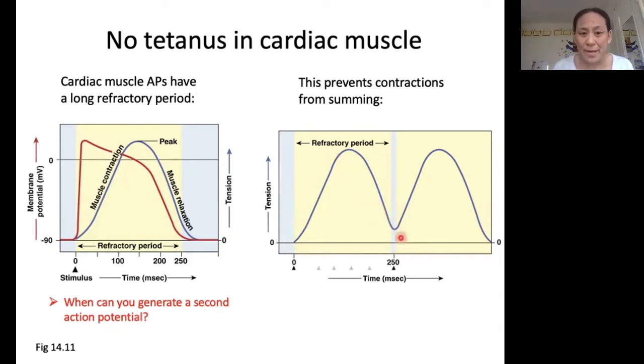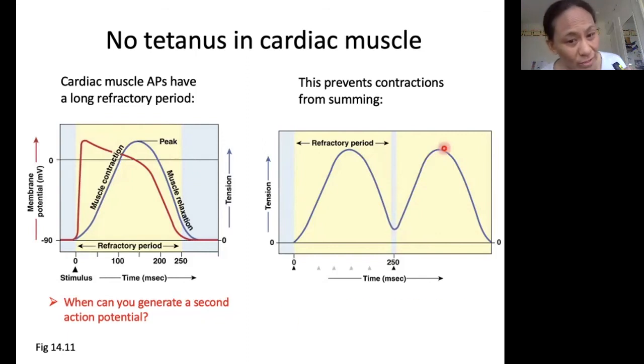The second action potential is shown on the graph with this black arrow. By the time you have your second action potential, your muscle has relaxed and your second muscle contraction cannot sum on top of the initial muscle contraction. Therefore, you cannot achieve that state of tetanus like we saw in the skeletal muscle.